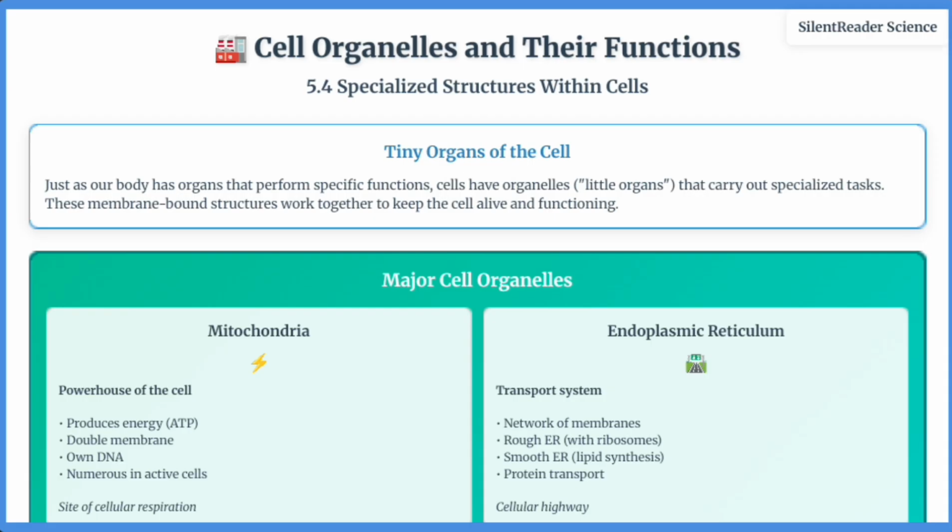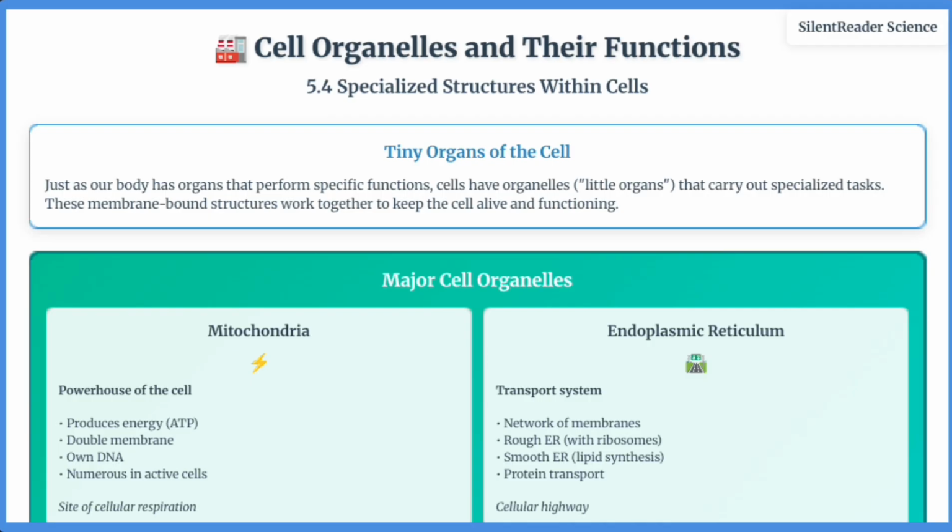Now let's explore the specialized organelles within cells, the tiny organs that perform specific functions. Mitochondria are the powerhouses that produce energy through cellular respiration. The endoplasmic reticulum is a transport network, with rough involved in protein synthesis and smooth in lipid synthesis.